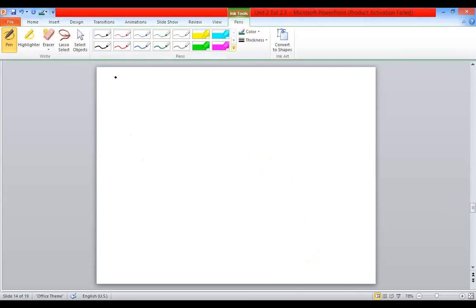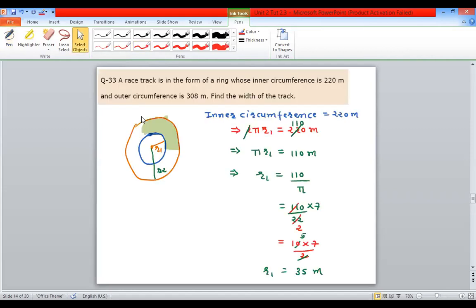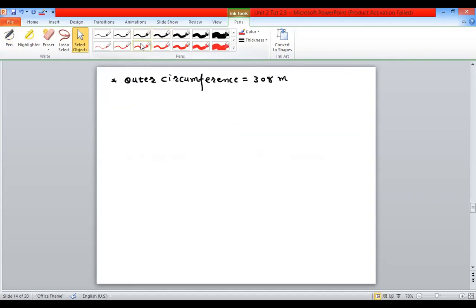The outer surface circumference is 308 meters. Here the outer side circle's radius is R2. So put the formula, it's 2 pi r, where r is denoted by R2.